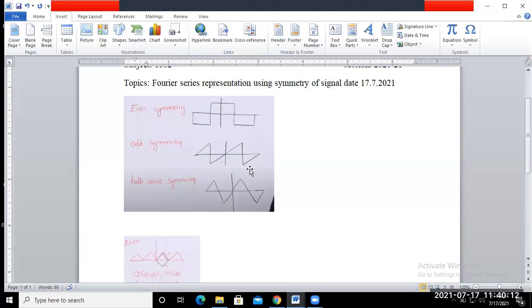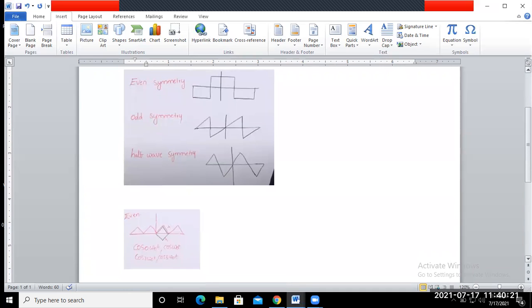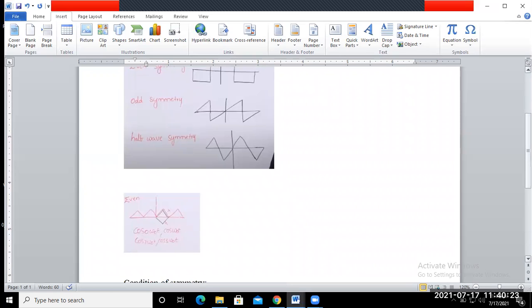Now, if any signal has pure symmetry, say pure even symmetry, suppose this figure is only pure even symmetry, because it follows the condition x(t) equals x(minus t).